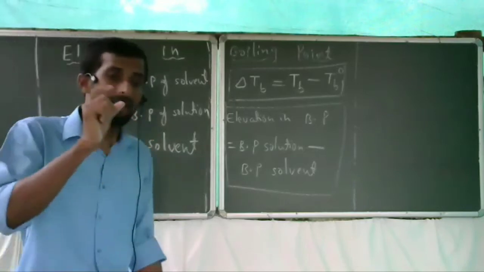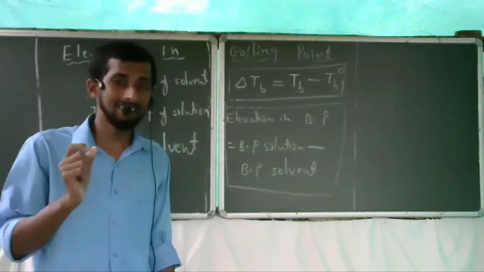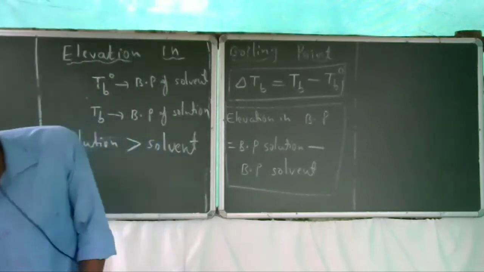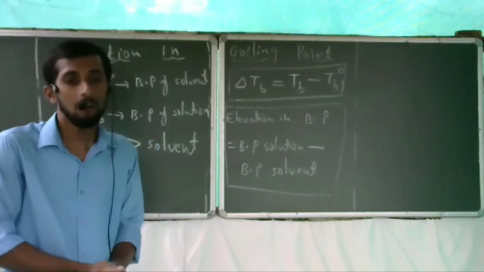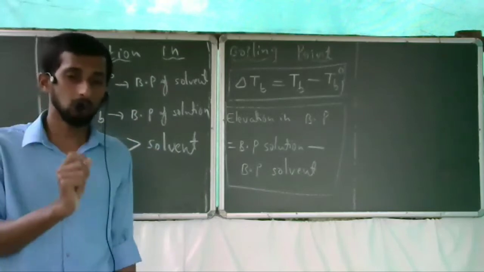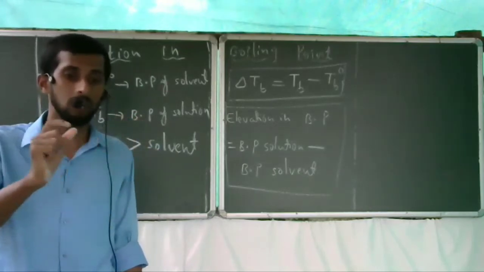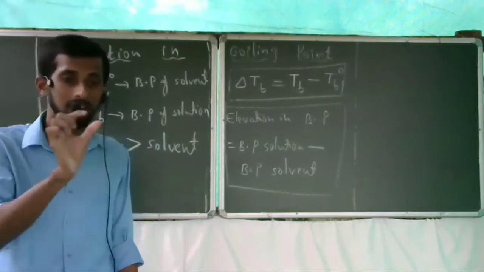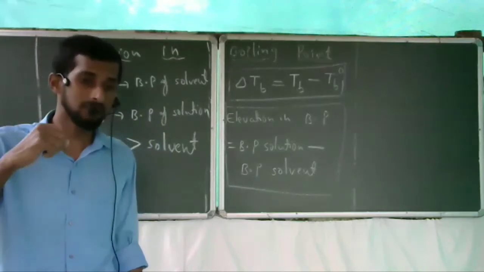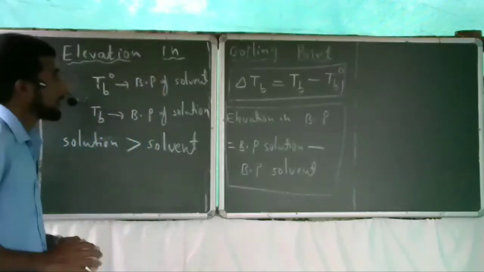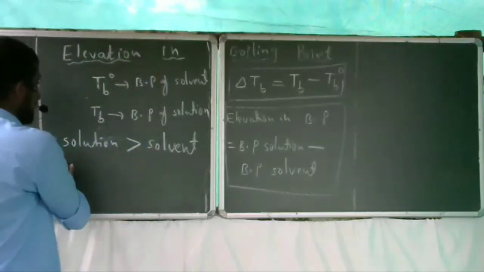That magnitude of increase in boiling point is referred to as elevation in boiling point. The difference, boiling point of the solution minus boiling point of the solvent, gives the idea of the magnitude of increase in boiling point.